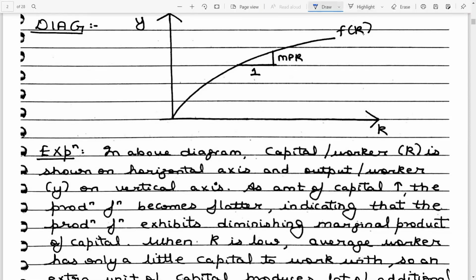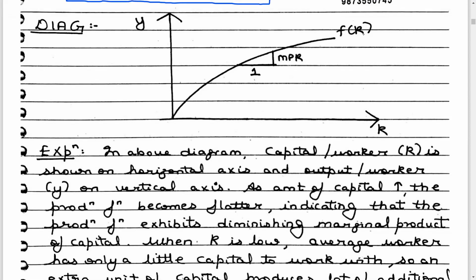In the initial phase, an average worker has too little capital, so more capital will increase the output. But in the later phase, an average worker has too much capital. When an average worker has too much capital, it becomes difficult to manage that capital.